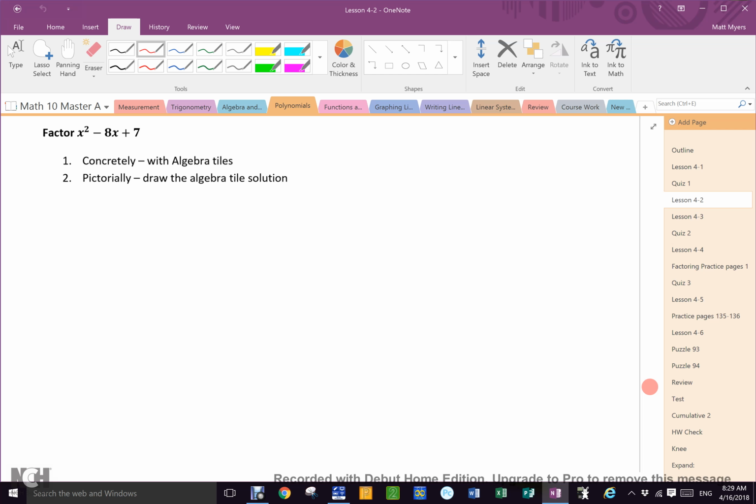Why did we automatically know that? Because we did 4 plus 6. Why did we automatically know that? Because we did 4 times 6, right? Which means if that worked with expansion going that way, then it must work with factoring going the other way.